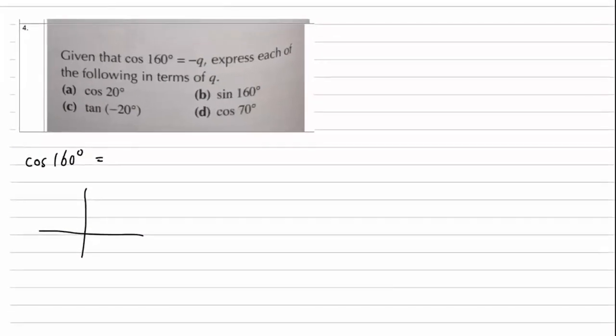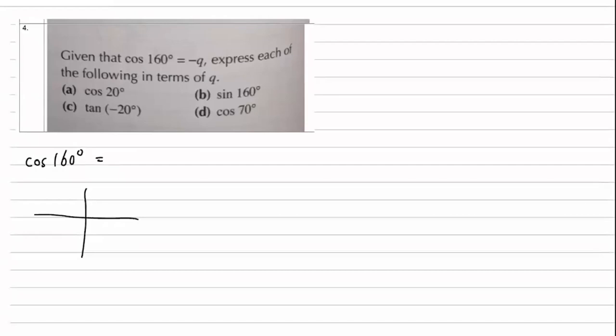So what I like to do, whenever I see angles that are big, I don't like big angles or big numbers, so I convert them into smaller numbers. Can you tell me cosine 160 is equal to what? When I see 160 degrees, very big, I don't like. I want to make it smaller. So do the same thing in terms of basic angle. This one I don't need to remind you already.